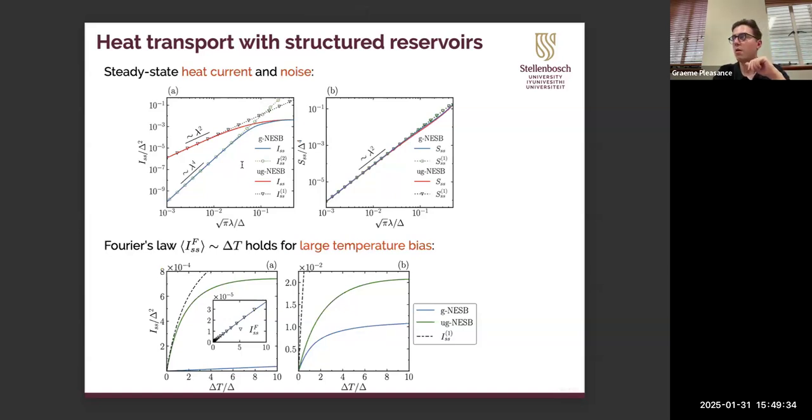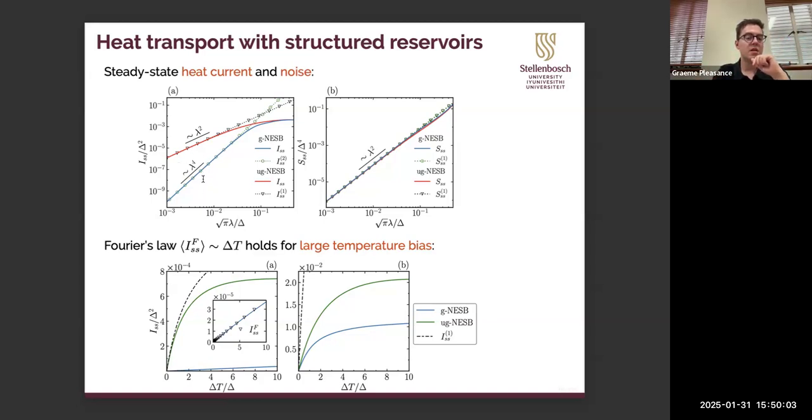You can also see a drastic difference in the steady state regime. What this first figure shows is the scaling in the heat current as a function of the interaction strength on a logarithmic scale. And you can see that in the asymptotically weak coupling limit, you get something similar to what I described with the extended non-equilibrium spin boson model, where you have non-commuting interaction operators.